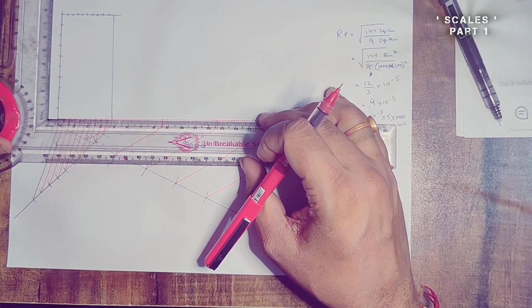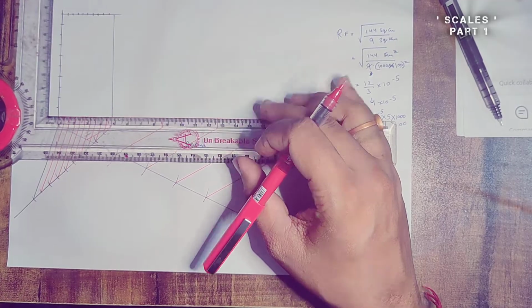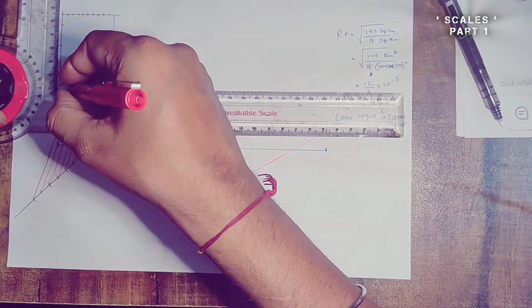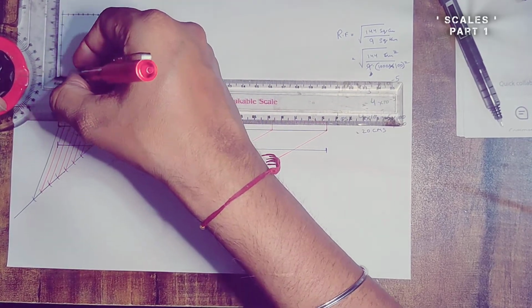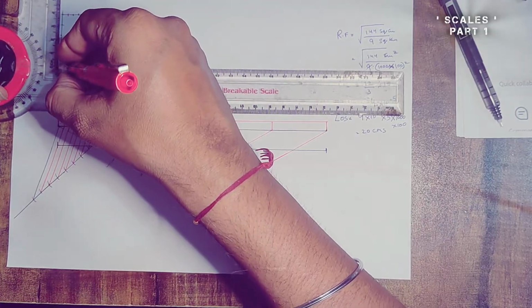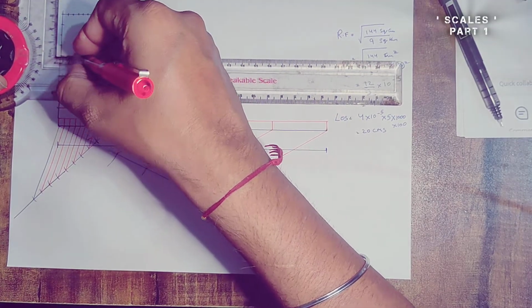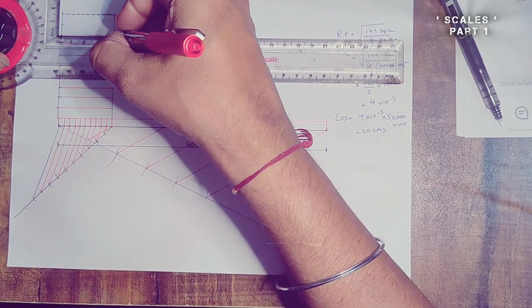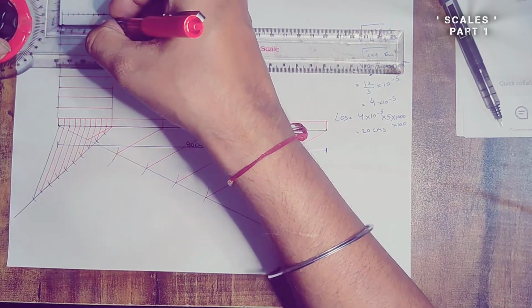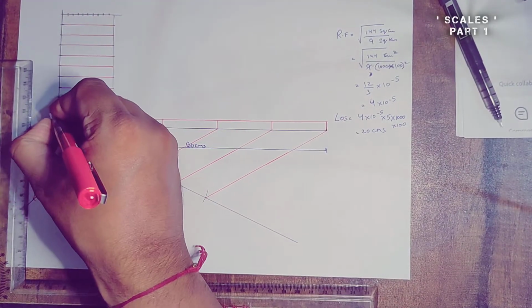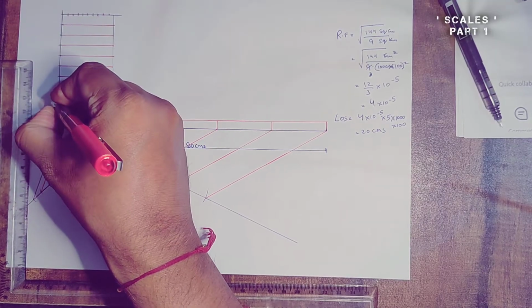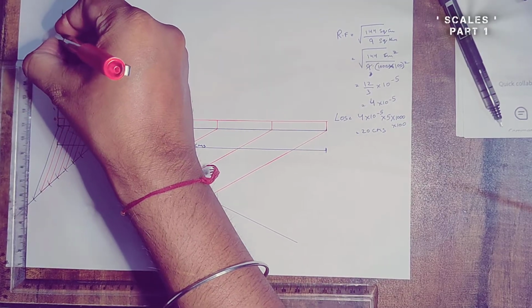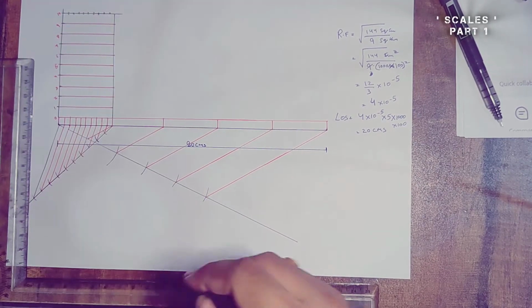First you have to join these horizontal lines. You can join this horizontal line first. This is 10 divisions. You can mark it here 0, 1, 2, 3, 4, 5, 6, 7, 8, 9 and 10 divisions.